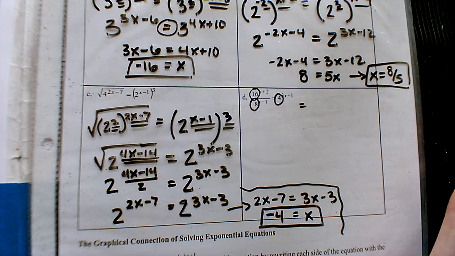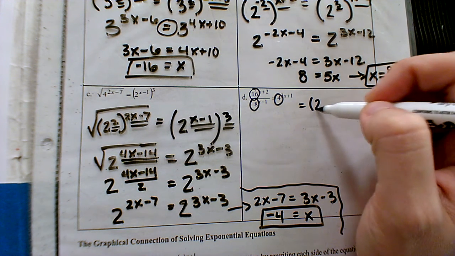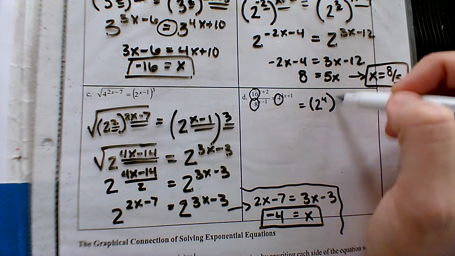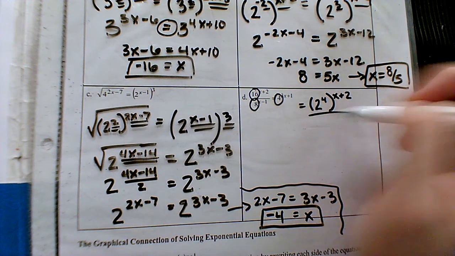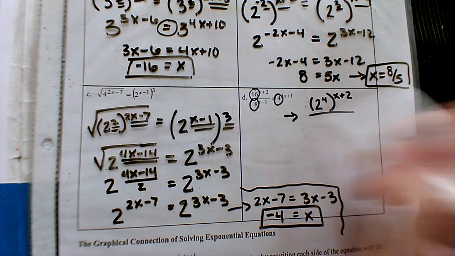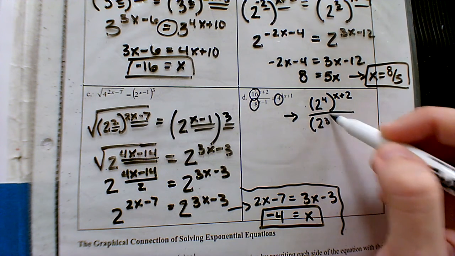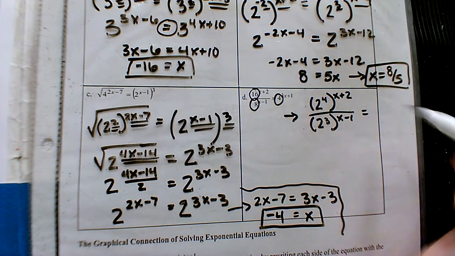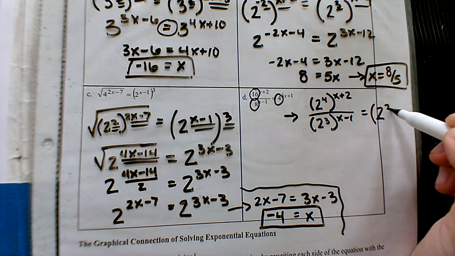What common base did you decide to use? 2? Okay, so 16 would be 2 to the 4th, 8 would be 2 cubed, and 4 would be 2 squared.